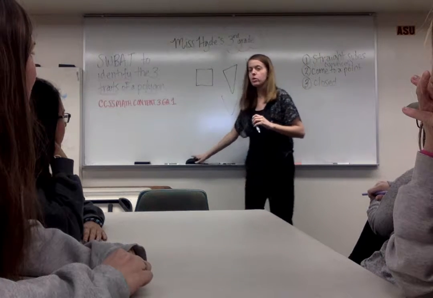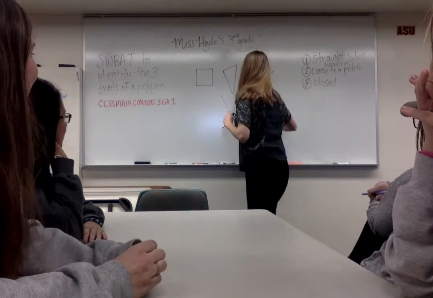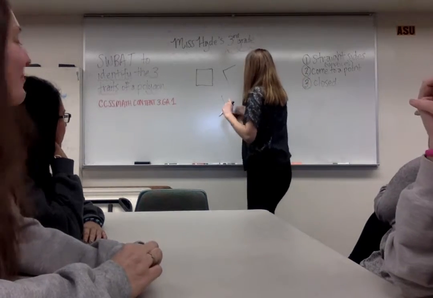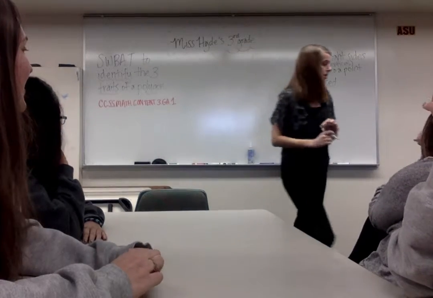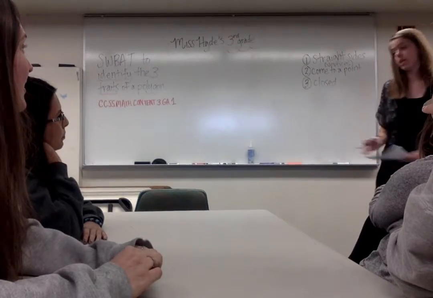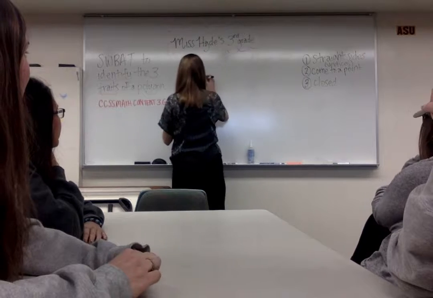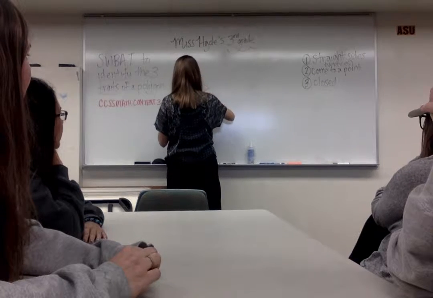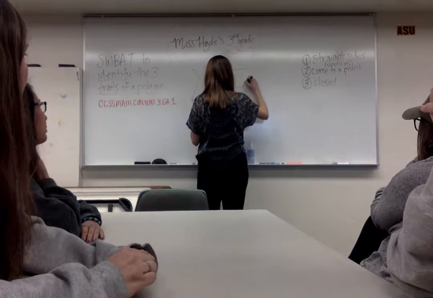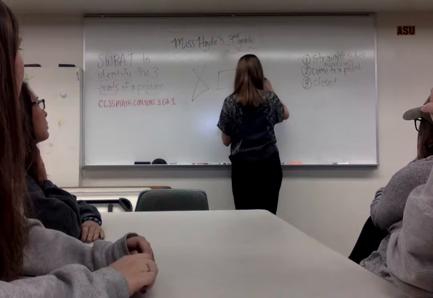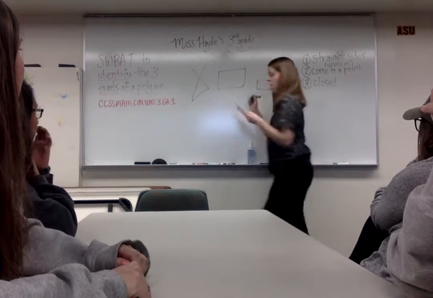So now that you guys are polygon experts, I'm going to draw some shapes and I want you to tell me why or why not a shape is a polygon, and then I want you to be able to explain your answer, okay? All right.